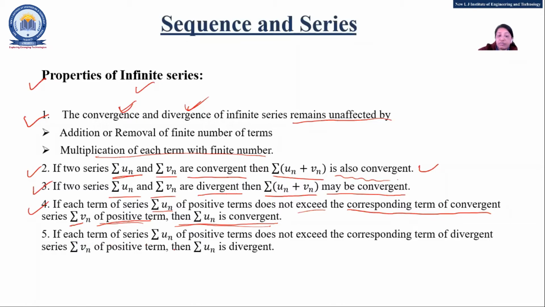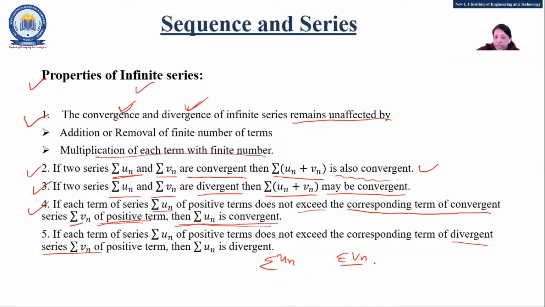Now the reverse thing is, if each term of series un of positive terms does not exceed the corresponding term of a divergent series. In short, there are two series, un and vn.